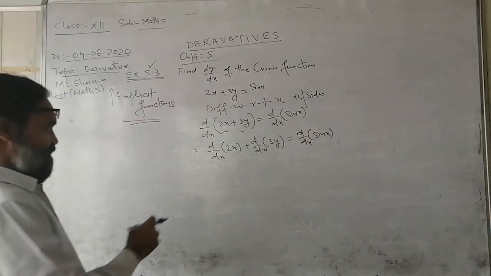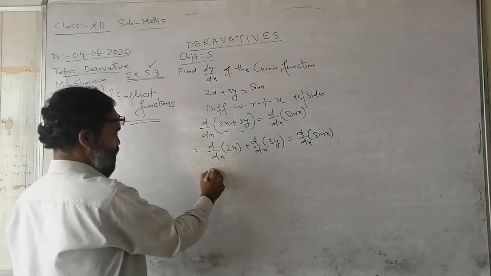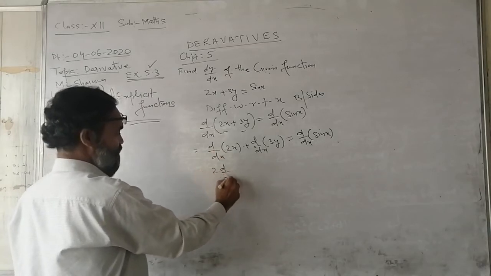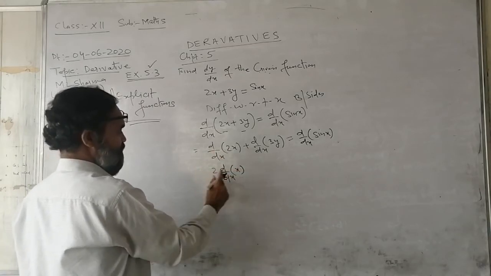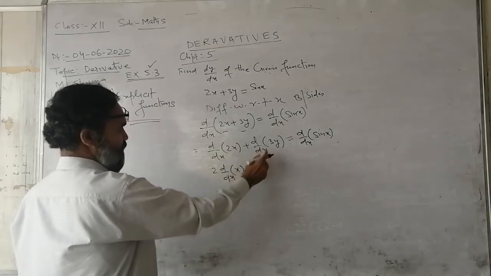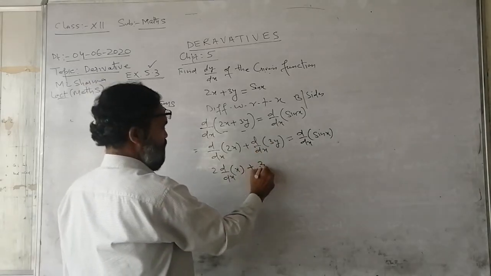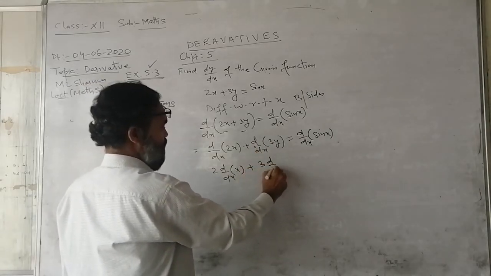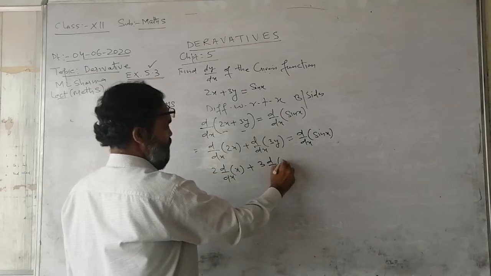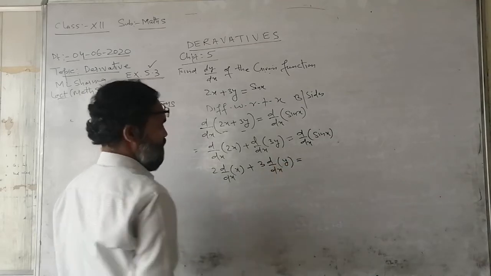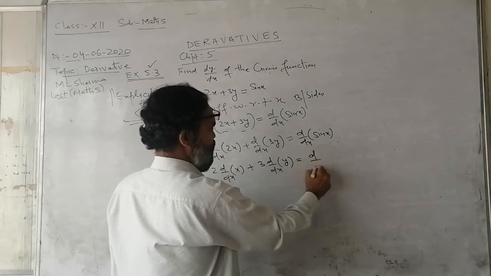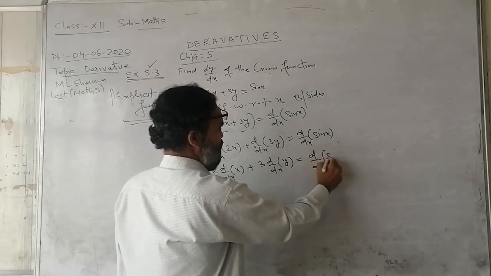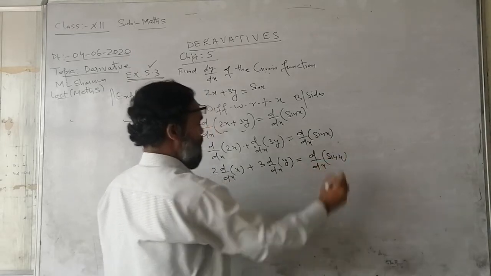Now 2 is a constant, it can be written outside. In the same way, 3 is a constant, it can be written outside, and this stays as it is.